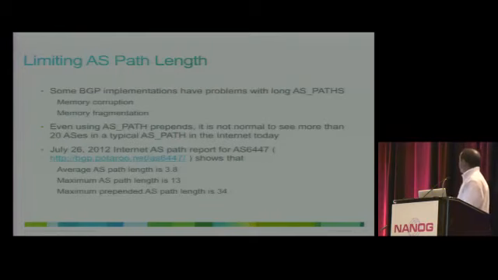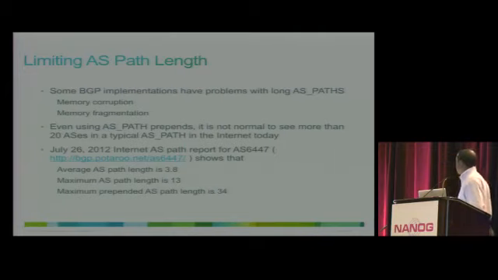Another important consideration: some implementations of BGP do not support AS path lengths beyond a certain number. So it's important that you do not exceed that number. Normally more than 20 is really too much.